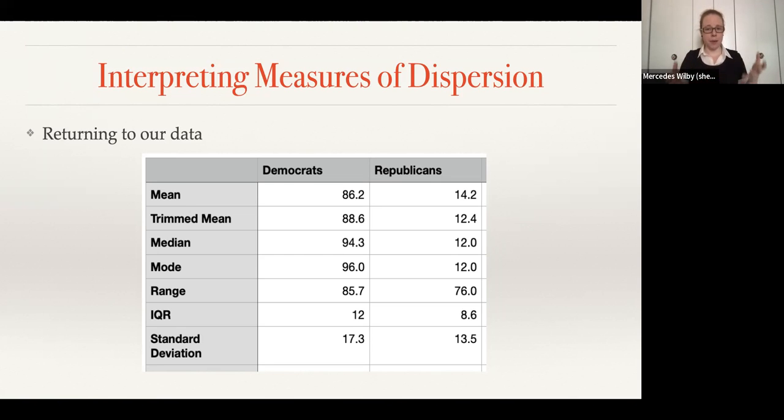So in this case, my research question was, is Congress polarized on issues of climate change? My answer would be yes, right? Yes, they are. There's a major difference between any of the measures of central tendency. And that difference is even more extreme when you are using outlier resistant measurements.